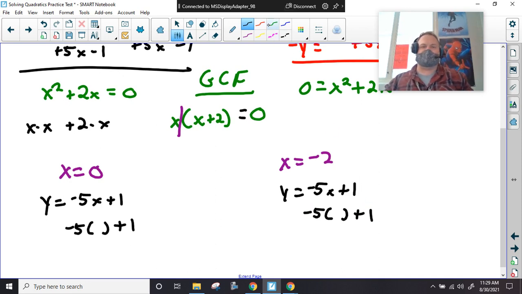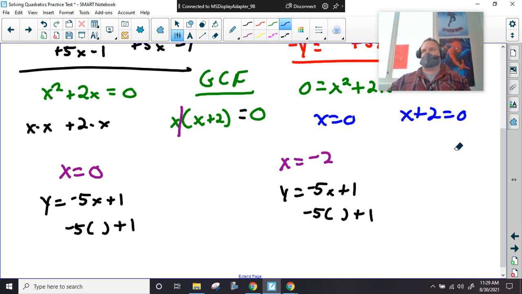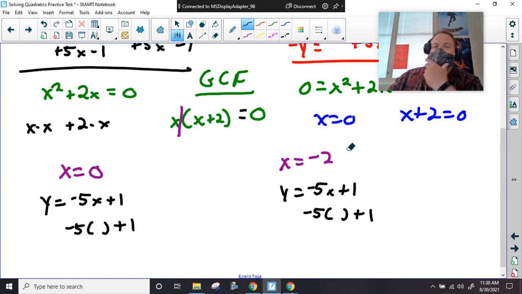Look, because if you did set this up, this is going to be x equals 0, x plus 2 equals 0, and you solve. All right, one fire at a time.